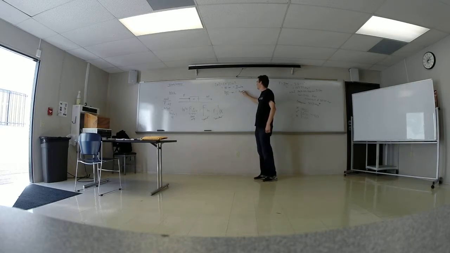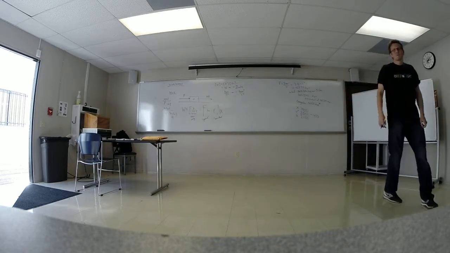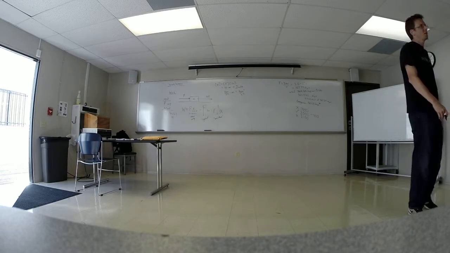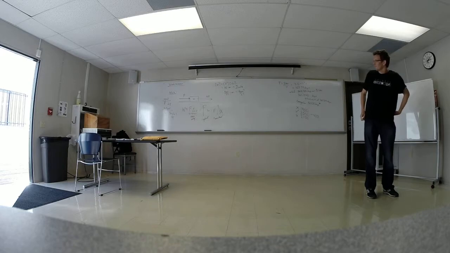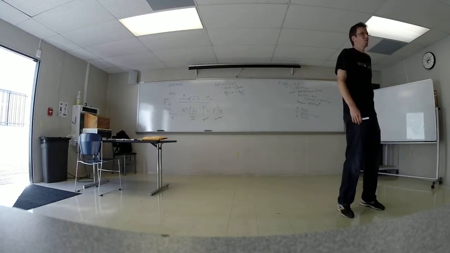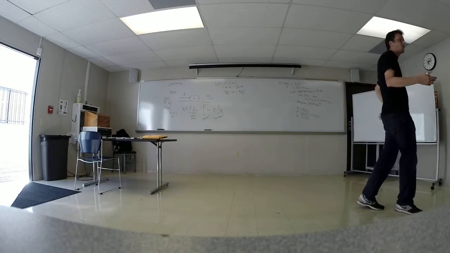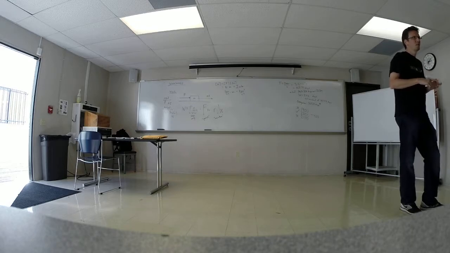So kilogram meter squared per second squared. That's what a joule is. It's a composite unit. It's an abbreviation for kilogram meters squared per second squared. So I think that's our second composite unit. Composite meaning that it's made out of those fundamental units we introduced on the first day of class: kilograms, meters, seconds, and radians.